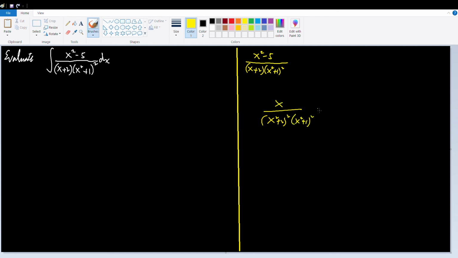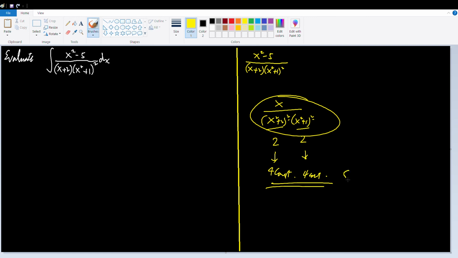How many partial fractions will there be? Quadratic factor repeated twice, quadratic factor repeated twice. So for x squared plus 2 quantity squared, there will be two partial fractions, with 4 constants, right? For x squared plus 1 squared, there will also be two partial fractions, 2 constants for each, so another 4 constants. So all in all, just for this problem, there will be 8 constants to be determined.